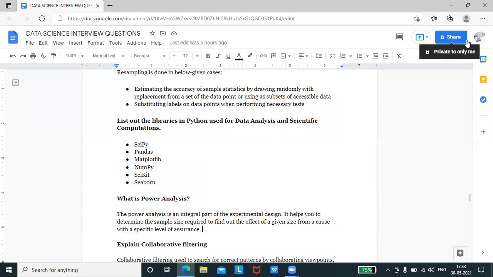Then, what is power analysis? Power analysis is an integral part of the experimental design. It helps you to determine the sample size required to find out the effect of a given size from a cause with a specific level of assurance.